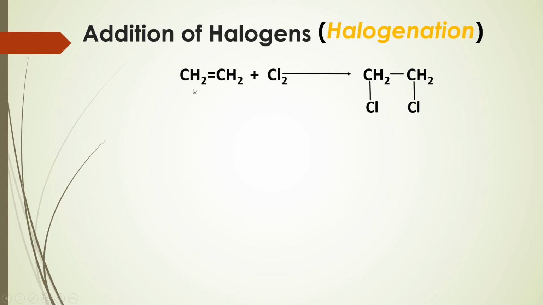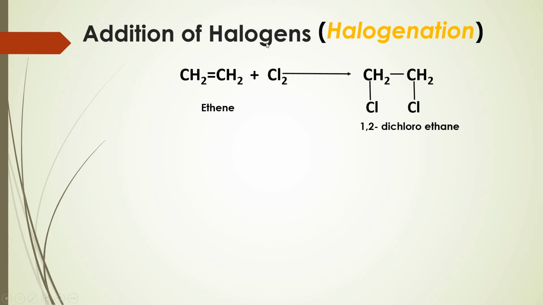For example, when chlorine is added to ethene, then we get a derivative of ethene, and that is 1,2-dichloroethane. This reaction also takes place in the same way as addition of hydrogen.